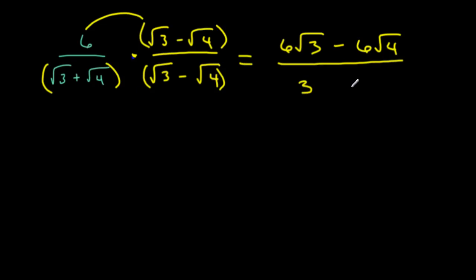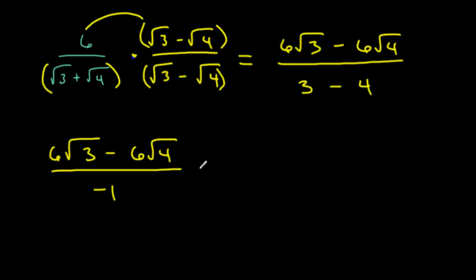My middle terms will cancel out. Minus radical 4 times radical 4 will just be 4. So here I'll get 6 radical 3 minus 6 radical 4 over negative 1, which can simply be written here. If you want to distribute that negative 1, you can say negative 6 radical 3 plus 6 radical 4 as your final answer.